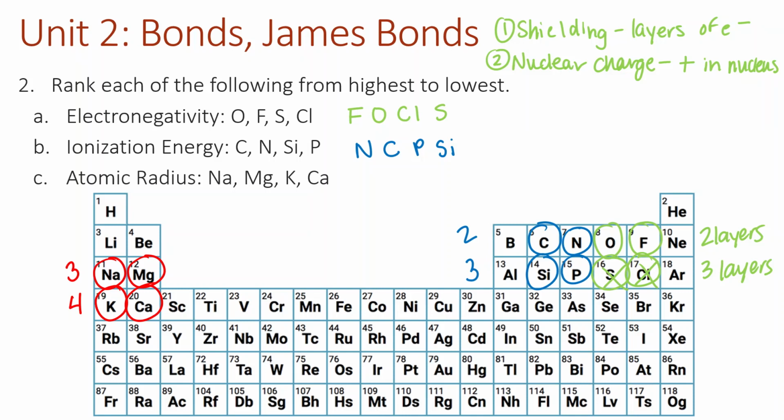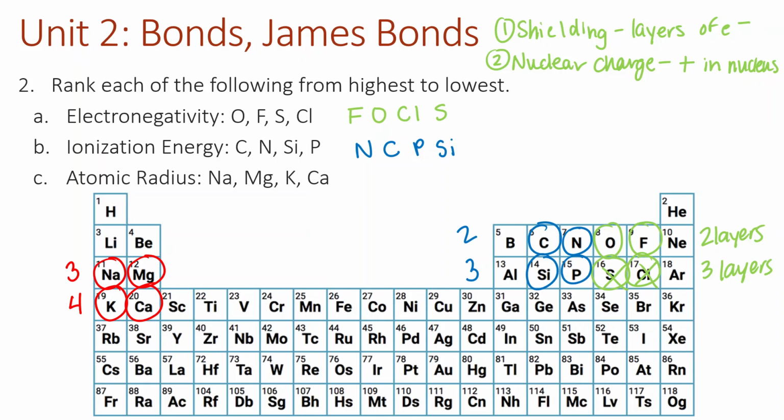So we already know that potassium and calcium are going to be bigger than sodium or magnesium because they have 4 layers of electrons. So between potassium and calcium, which one is going to be bigger? Potassium only has 19 protons in its nucleus, whereas calcium has 20.